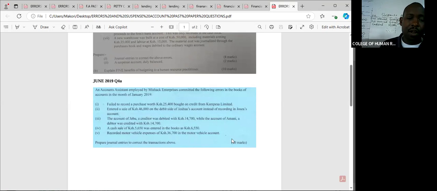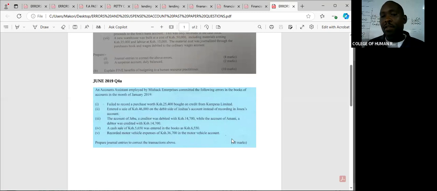Number 3, the account of Jebu, a creditor, was debited with 14,700, while the account of Amani, a debtor, was credited with 14,700. So it is like we did it on the opposite side. You need to remember that a creditor is a liability, should be credited.